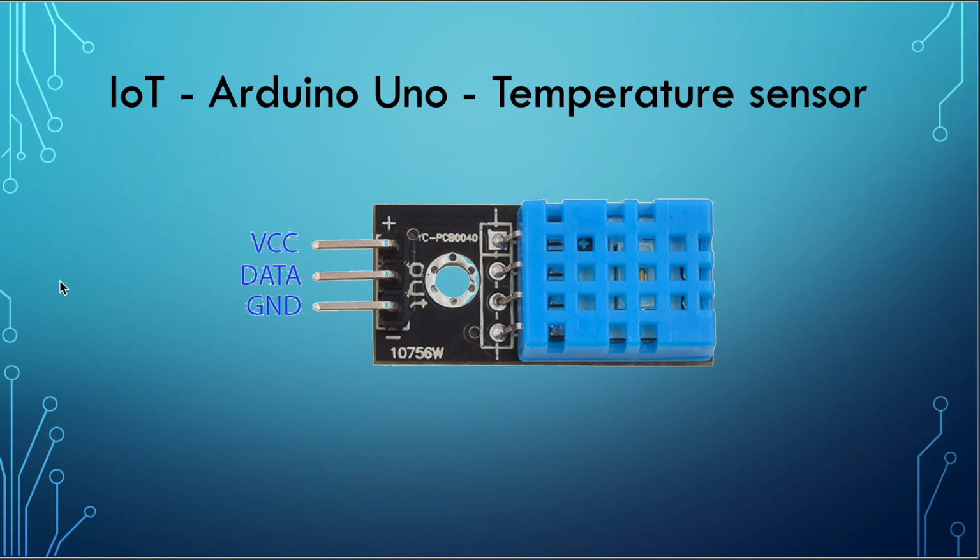So this is an example we talked about time and time again, a practical example, our temperature and humidity sensor. And in this case we will be looking at temperature itself. So we have the voltage, we have the data, we have the ground.